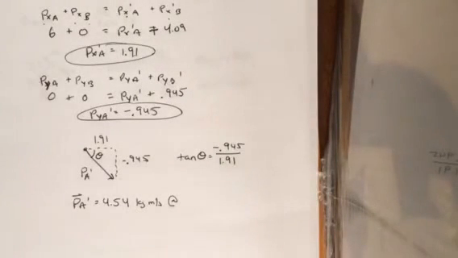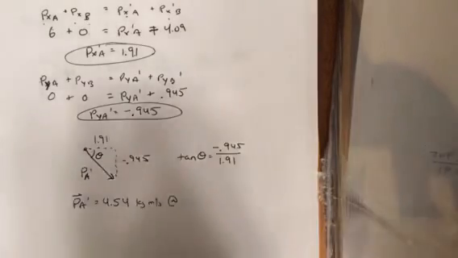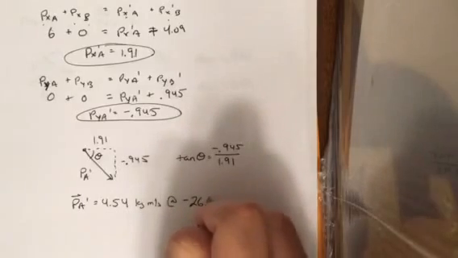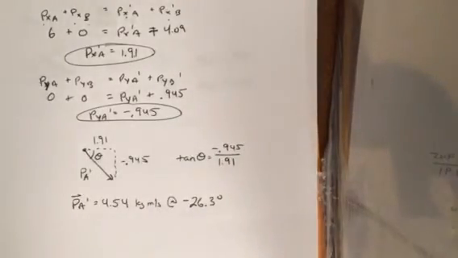So if I take the inverse tangent of negative 0.945 divided by 1.91, we get that our angle is negative 26.3 degrees. So that's my final momentum of the A ball.